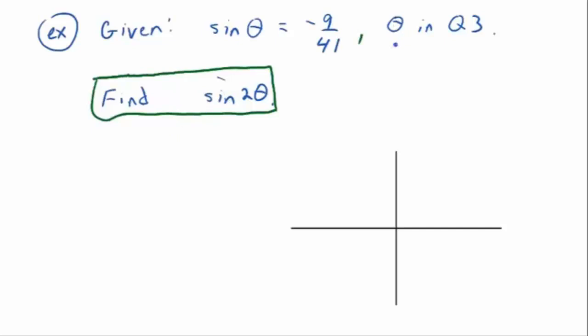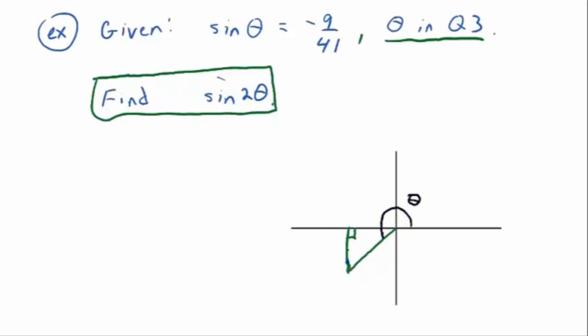Since we're given that theta is in quadrant 3, draw the helper triangle in quadrant 3. So we'll draw a little helper triangle like so, so that this angle here is theta.